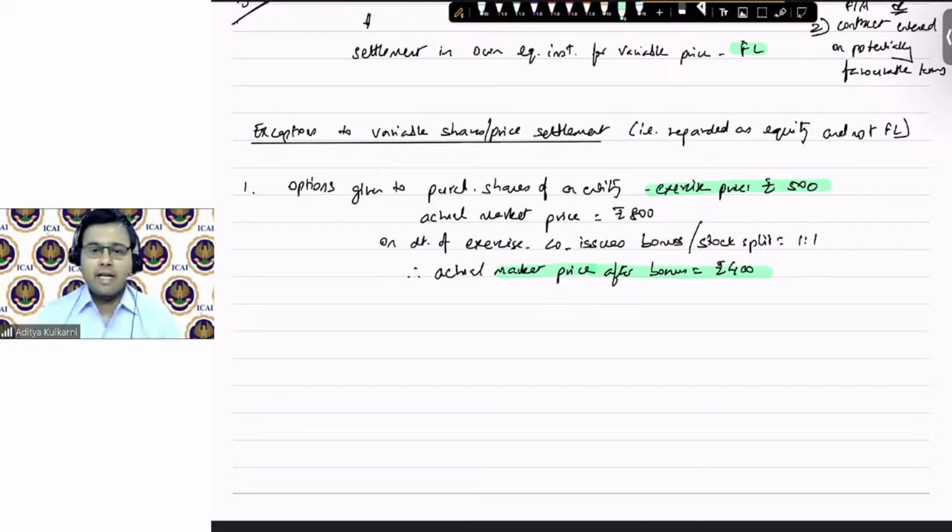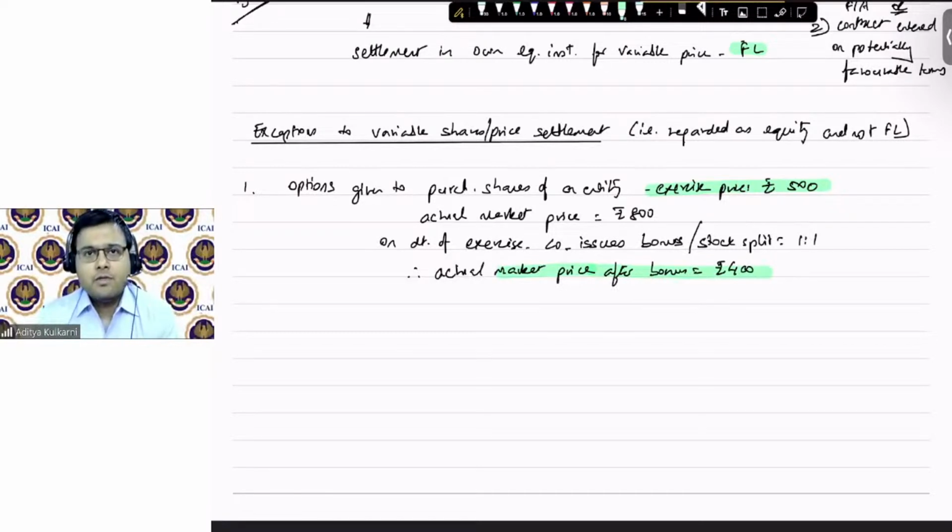No, you will not exercise, obviously, because the market price is 400 and the exercise price is 500. So this gives a very unfair advantage to the option holder. The option to issue equity shares is always with the company. If a company's intentions are not good, it will issue options and go on issuing options.